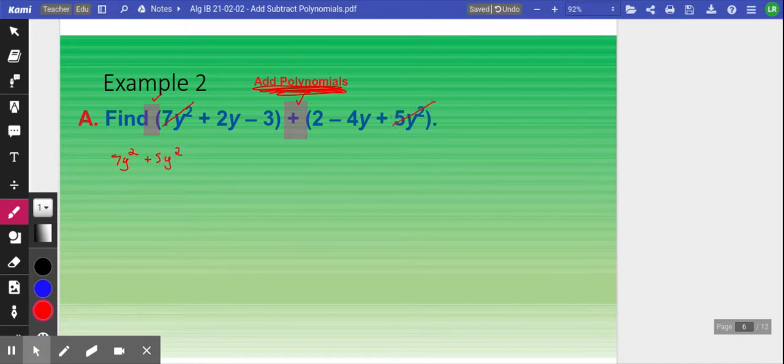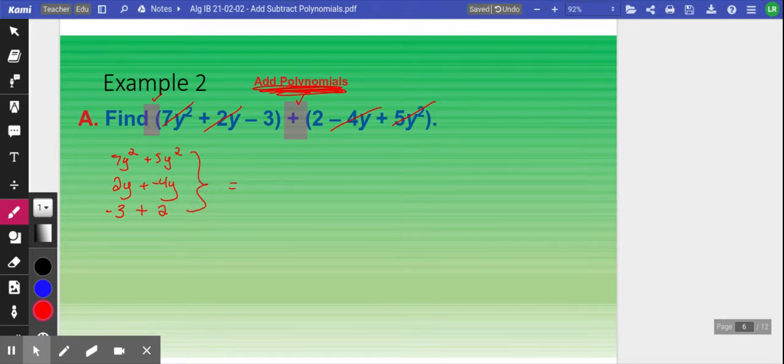We're going to add those two together. The next biggest is a positive 2y, which gets added to negative 4y. That one's done. Last but not least, we have our constants, negative 3 and positive 2, and then we're just going to add those up.